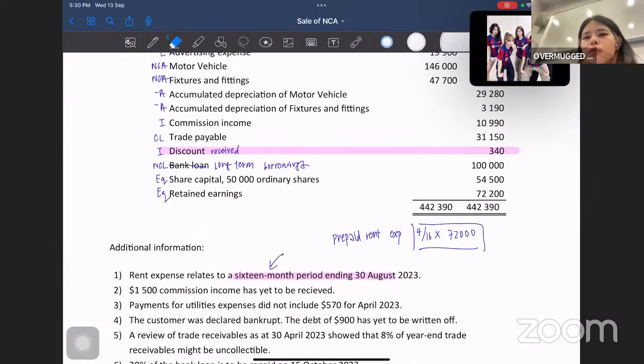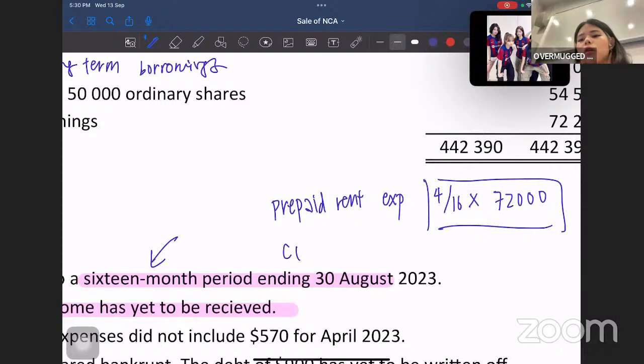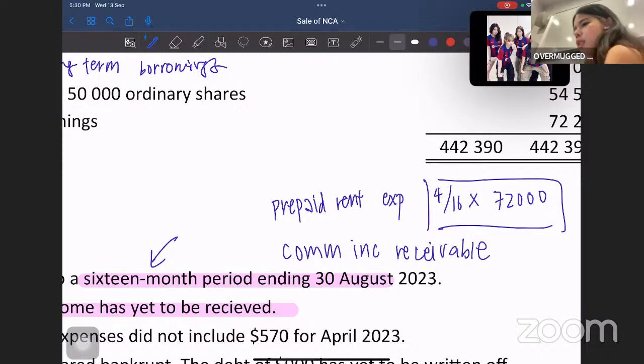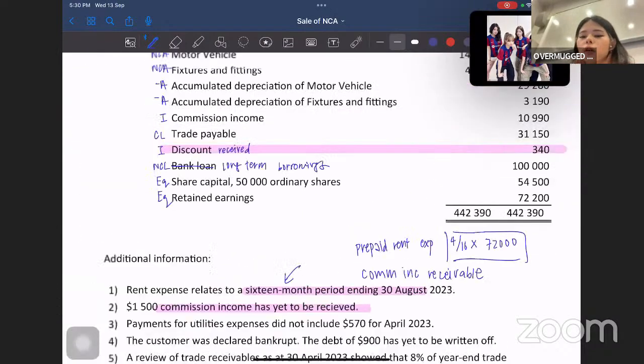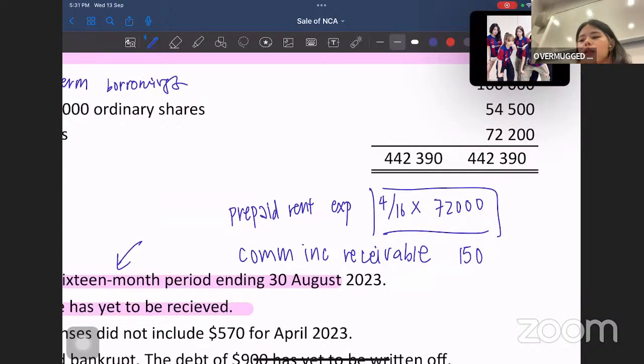Commission income yet to be received. So what do you call income that you haven't received? Commission income receivable. Okay, the meaning of receivable means going to receive, but haven't yet received, right? So commission income receivable, 1,500.